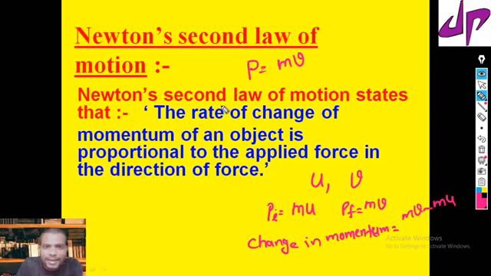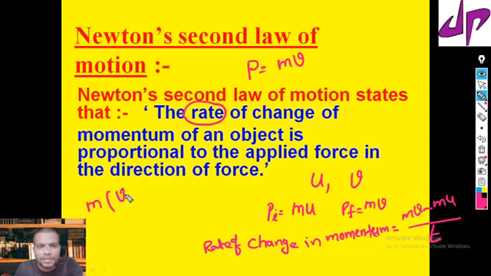But here it is the rate of change of momentum. So rate of means we need to divide by the time. That is a simple memorable point. Rate of change of momentum means we need to divide by the time. If I take m common, that is m times (v minus u) by t.